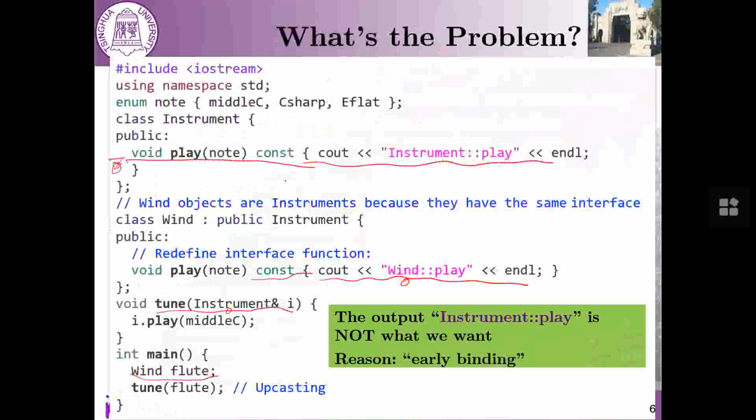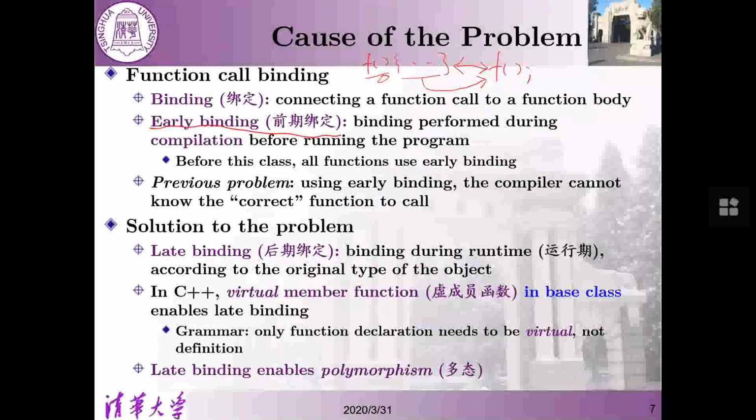Here, correct means we want, because it's wind, we want the wind sound, right? This is the correct one. However, the compiler does not know that, because it has done some upcasting, so it thinks it should be an instrument reference. So you get instrument play, right? So this is early binding and the problem.